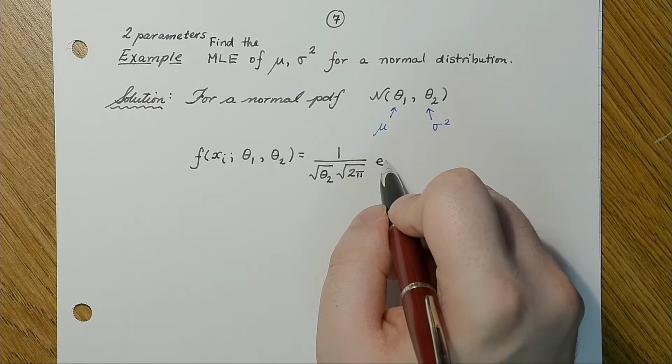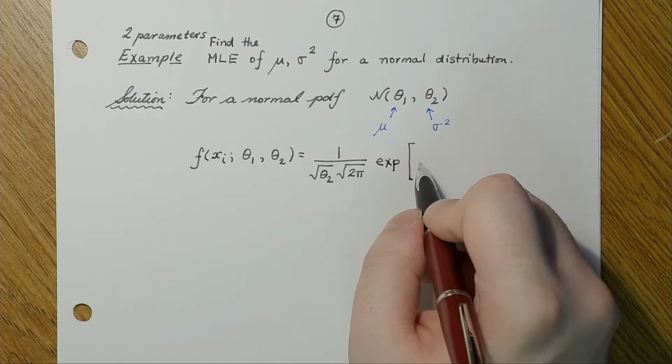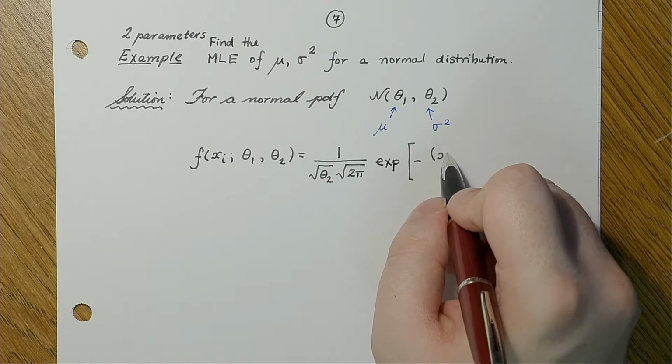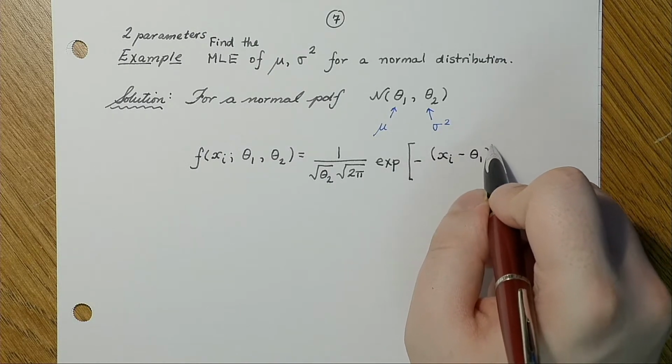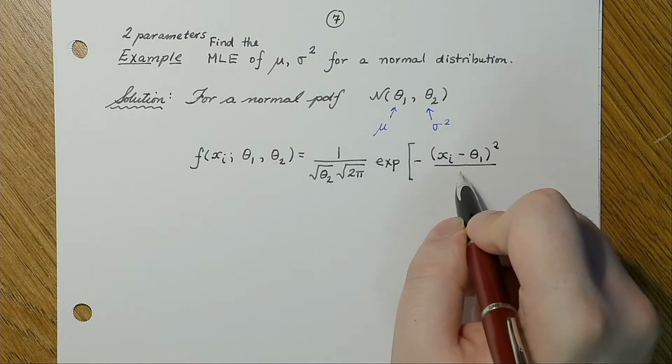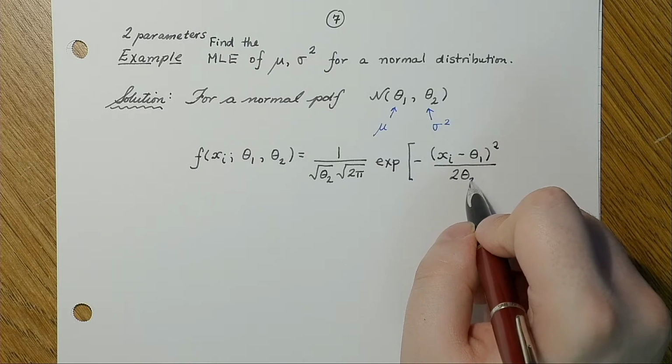We have the exponential function. We have xi minus the mean, squared, all over 2 times the variance.